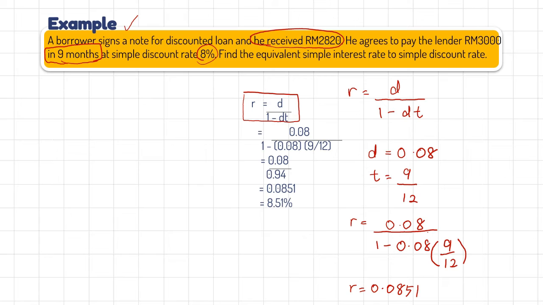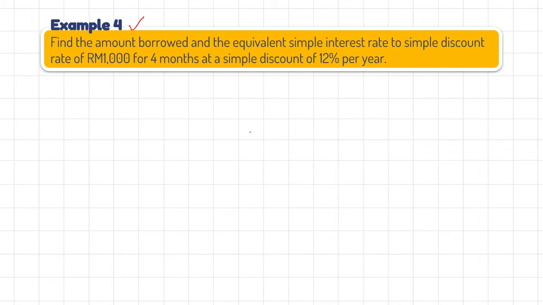You need to write it as a percentage since this is the equivalent simple interest rate. The final answer should be r equals 8.51%.